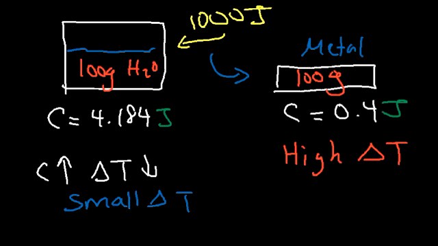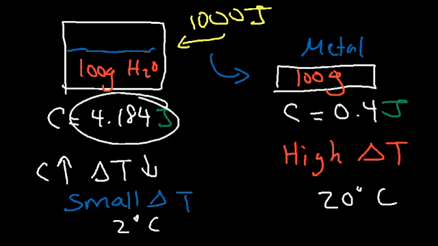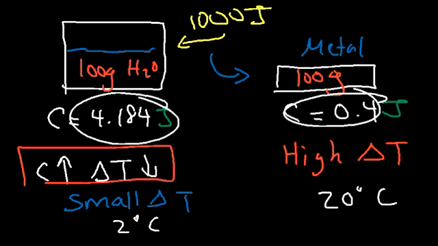So the temperature change for this sample of water is going to be 10 times less. So let's make up a number. Let's say that the temperature of the metal increases by 20 degrees Celsius. The temperature of water might only increase by 2 degrees Celsius, because the specific heat capacity of water is a little bit more than 10 times that of the metal. So just keep this in mind. The higher the specific heat capacity, the smaller the temperature change will be for that substance.